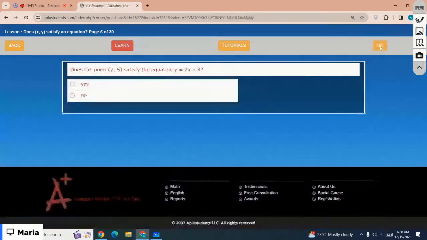Does the point (7, 5) satisfy the equation, which is the correct option? X is 7 and y is 5. So which is the correct option?